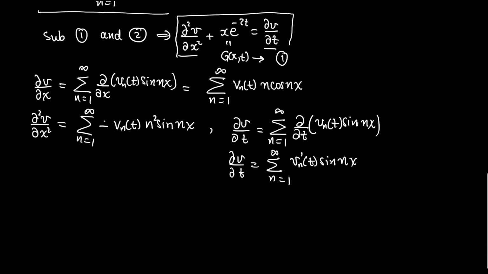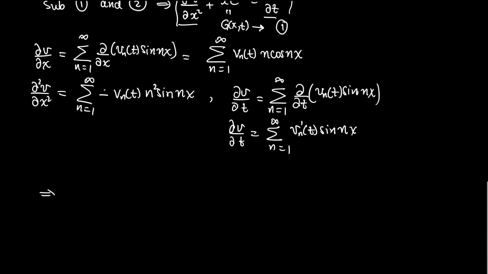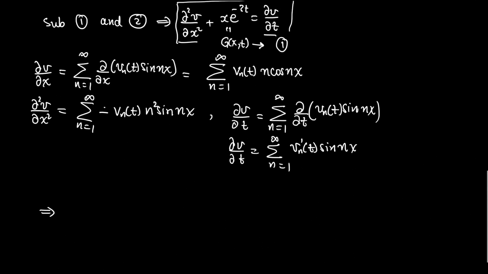So the first term is this one. I have summation of minus v_n(t) n squared sin(nx), like that.